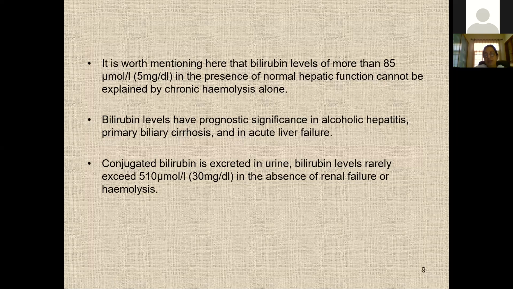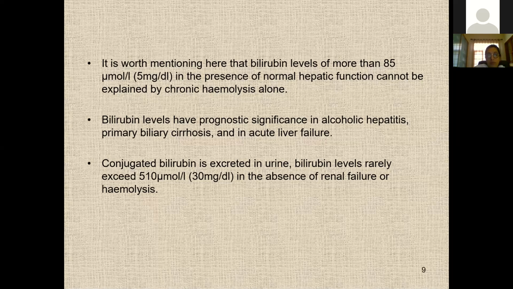Conjugated bilirubin is excreted in urine, and the bilirubin level rarely exceeds 30 milligram per deciliter in the absence of renal failure or hemolysis. So if the patient has normal renal function, the level should not rise more than 30. If the level rises more than 30, that means the kidney is at fault, and it's not functioning properly.